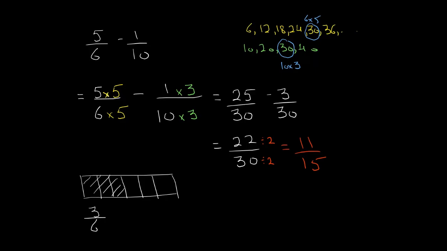By getting rid of the boundaries, I am actually dividing the denominator by 3, because I had 6 small pieces here, and now I'm only going to be left with 2 small pieces in red.